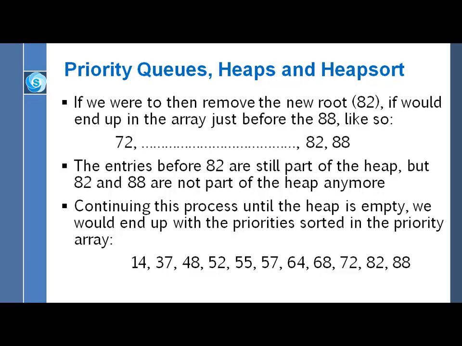Any kind of data that you're trying to keep track of. And because every time you do a swap in the priority array, you also do a corresponding swap in the data array, you'll have rearranged the data so as to sort it too according to increasing priorities. Okay? And that can be a useful thing to do.